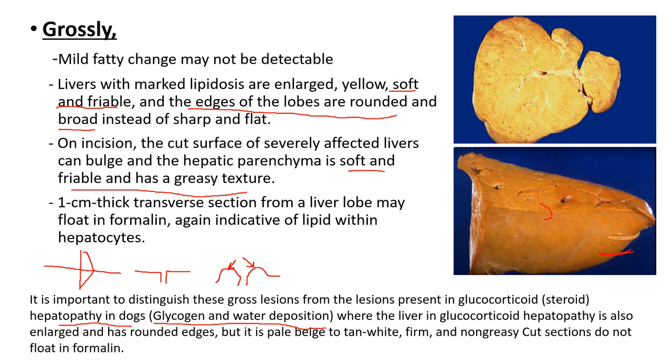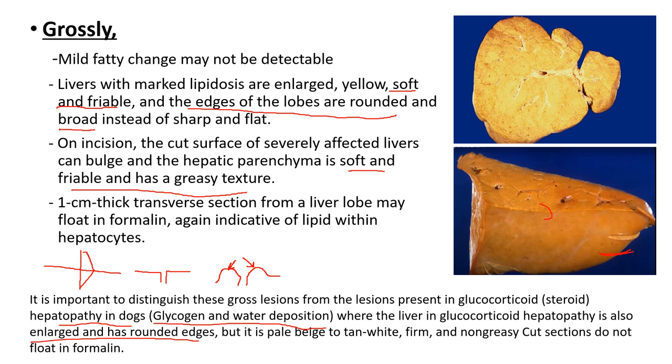There are two conditions that are similar to fatty change, and those are glycogen and water deposition. In those two conditions, the liver is enlarged as well and also has rounded edges, but the color is different. Usually they are pale.